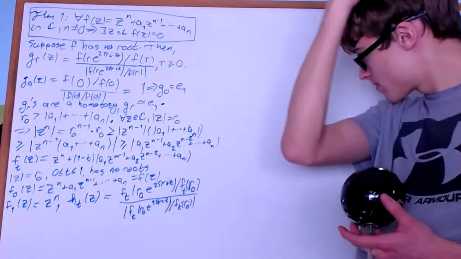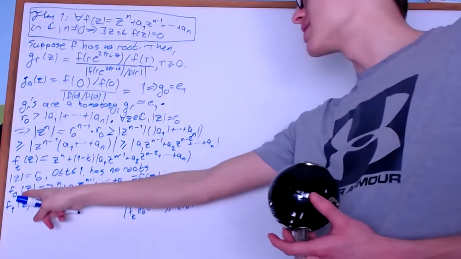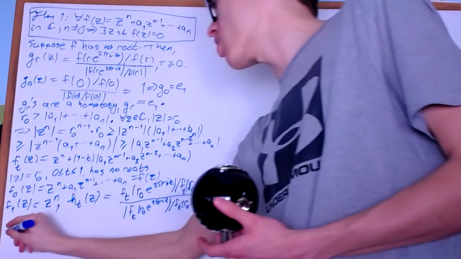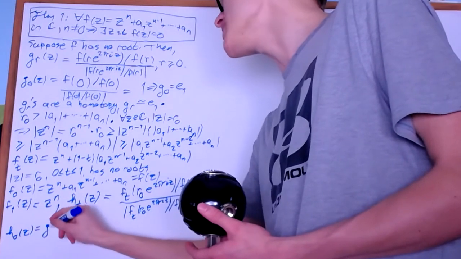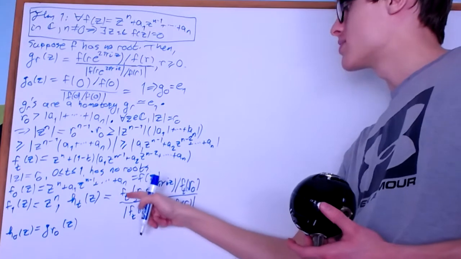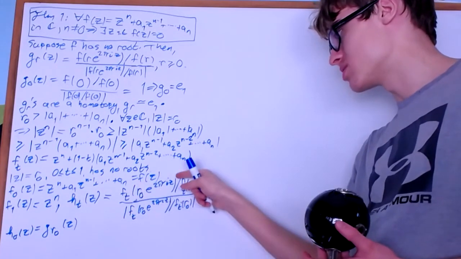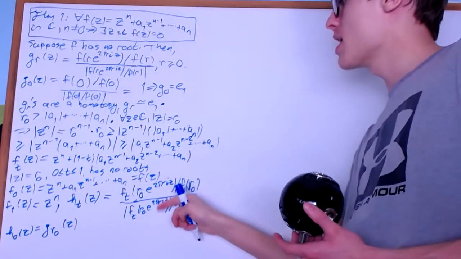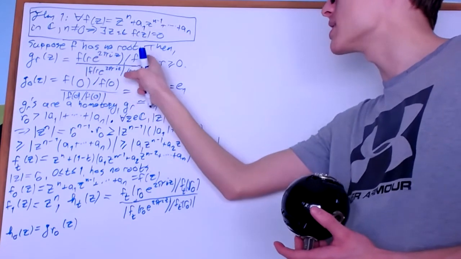And so we start off, because f0 is just the normal polynomial, we start off with h0 of z just going to be equal to g at r0 of z, because f0 is the same as f, and so we just have f of r0 e to the 2 pi i z divided by f of r0, and that is the same thing as just inputting r0 into each of these.